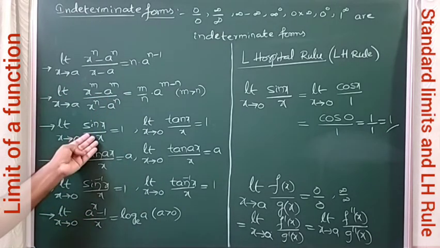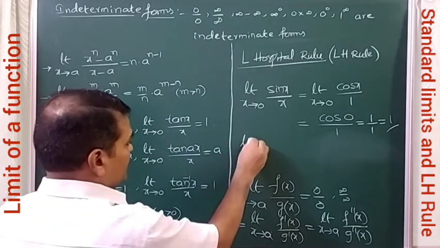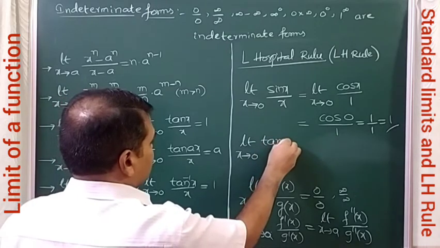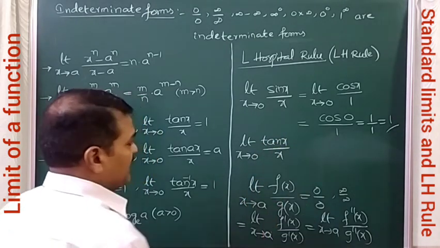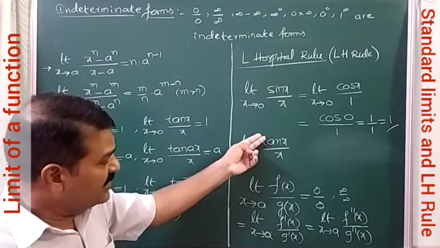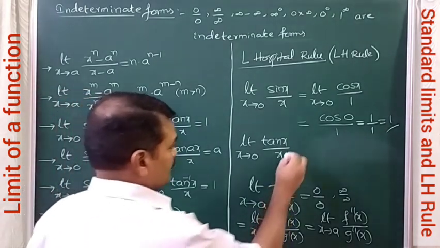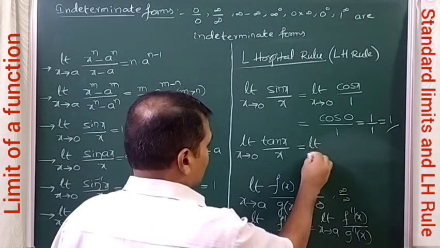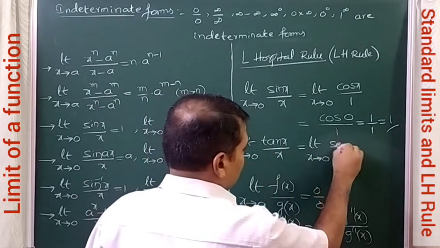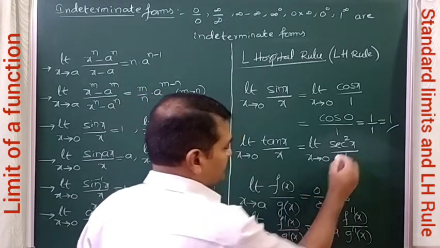The same process we can apply for this function also. I will show you. Limit x tends to 0, tan x by x. Directly you cannot apply, because if you take x as 0, you will get 0 by 0. Apply the LH rule. So limit x tends to 0, derivative of numerator sec square x, derivative of denominator 1.